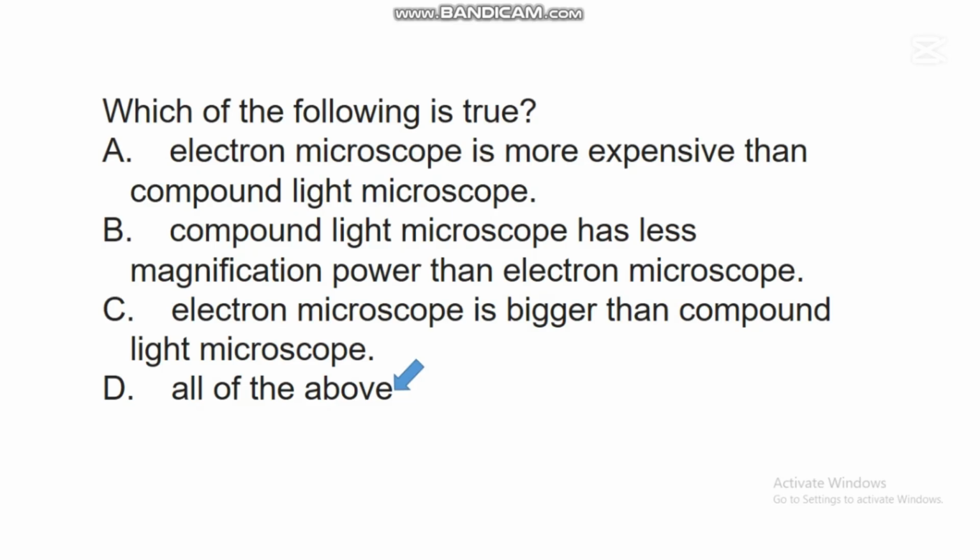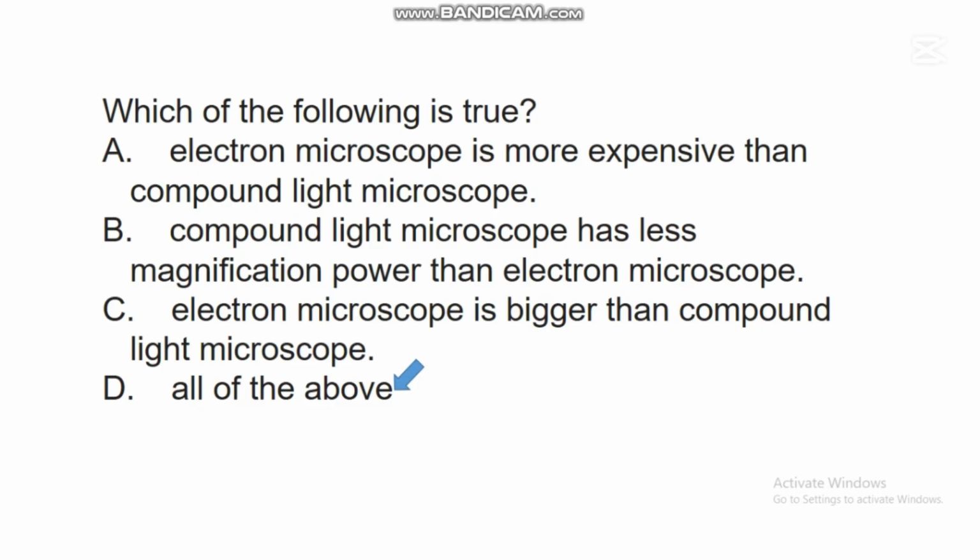This means that if a scientist uses a compound light microscope to view a specimen, the size of the image will be smaller compared to when viewed with electron microscope.